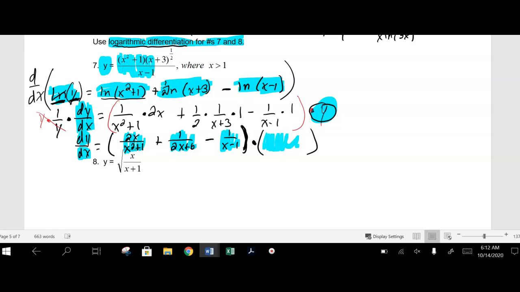This is what y is equivalent to in terms of x. So our last step would be to come down here and rewrite what the original y function was, and then all divided by x minus 1. All right. So that's the gist of that.